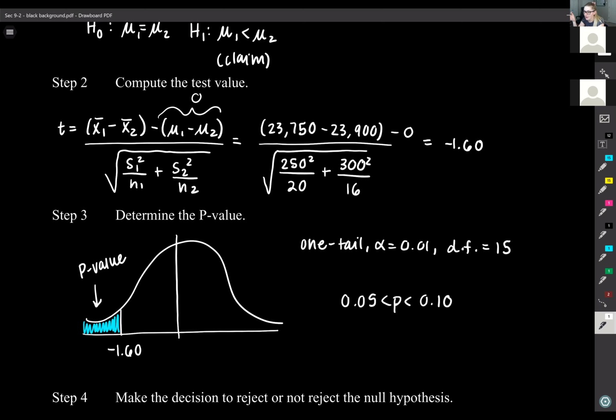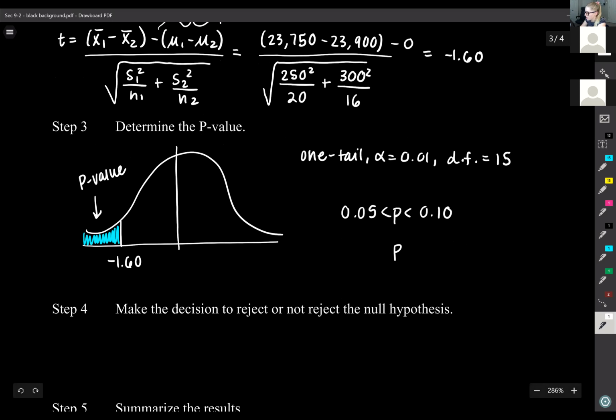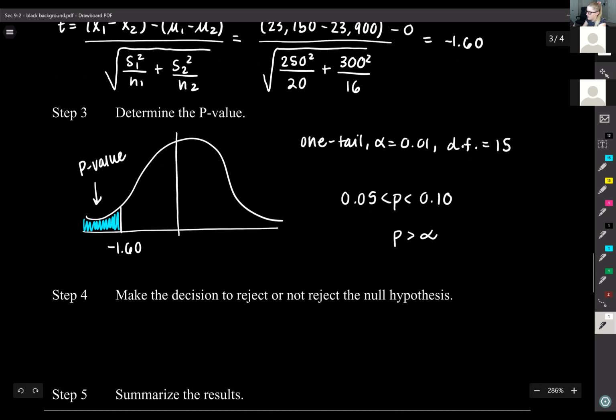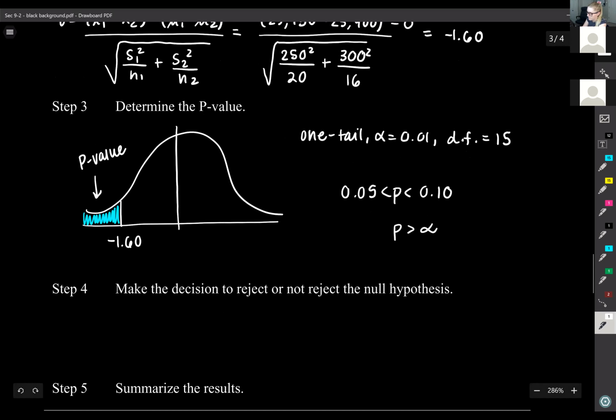But for sure it's greater than 0.05, and already 0.05 is bigger than our alpha. So we can completely say that we can't reject the null because our p-value is for sure bigger than alpha. Even though we only have a range, anything in that range is bigger than alpha. So for sure, p is bigger than alpha, which means we cannot reject it.